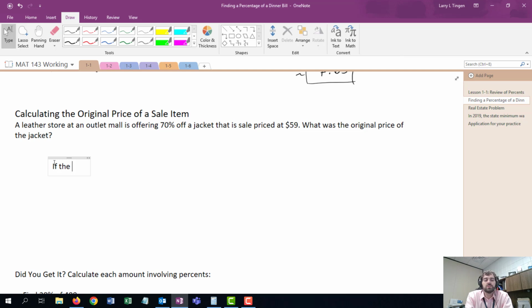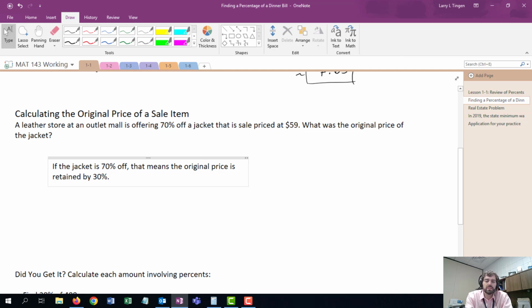If the jacket is 70% off, that means the original price is retained 30%.